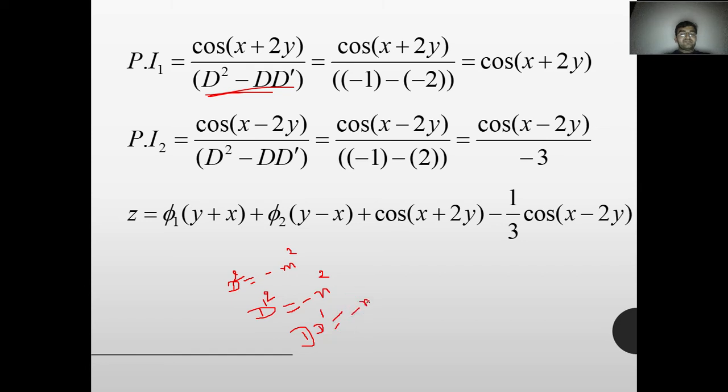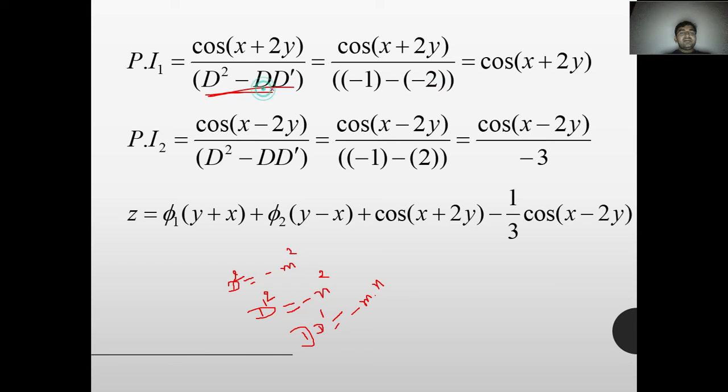So here m is equal to 1, so 1 minus 1 square is equal to minus 1. Here d d dash is equal to minus m into n.